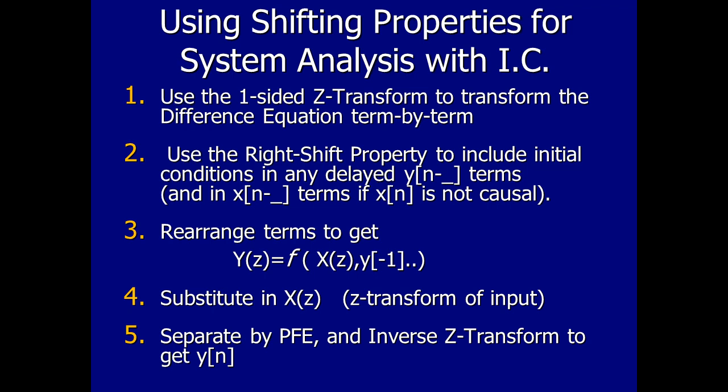So we still need that transformed difference equation using our initial conditions, which we have here. Y of z minus a half y of z minus 1, oops, quantity there, plus our initial condition.